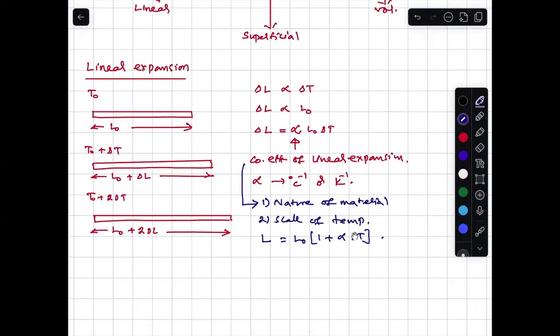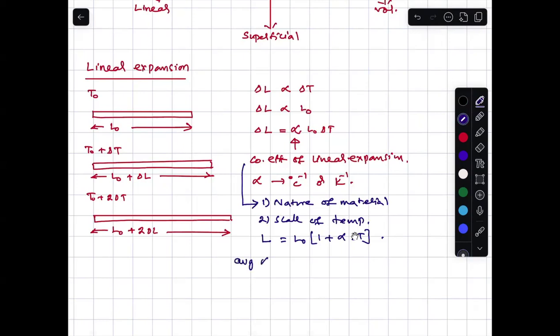For large changes of temperature, you cannot use this. This is applicable only for small changes of temperature. And also, in this case, you are using it for length expansion. You can use the same relation for contraction also, because on cooling, it contracts. On heating, it expands.